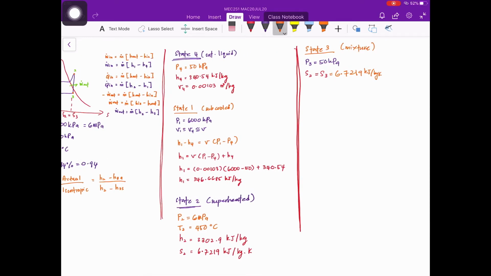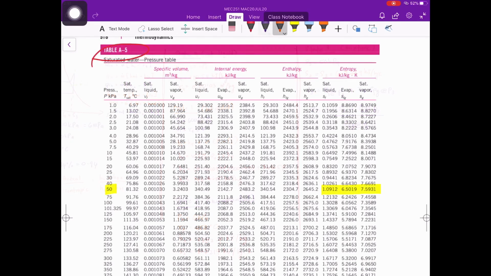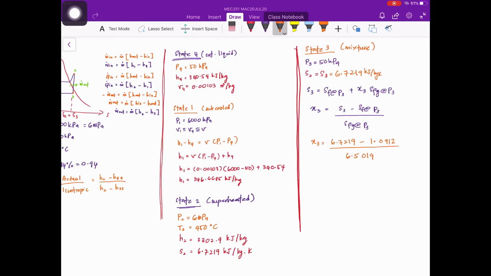Before we can determine the enthalpy for state 3, first we need to find the quality at state 3. Now, since we have the quality at state 3, we can determine the enthalpy for state 3.